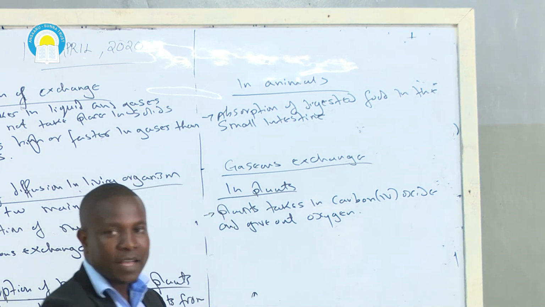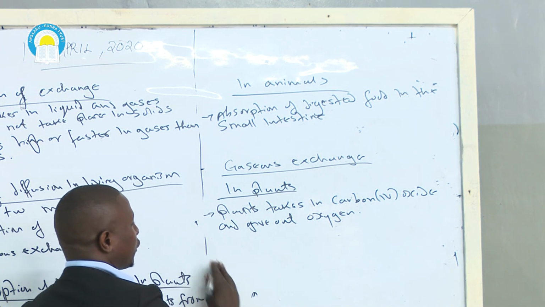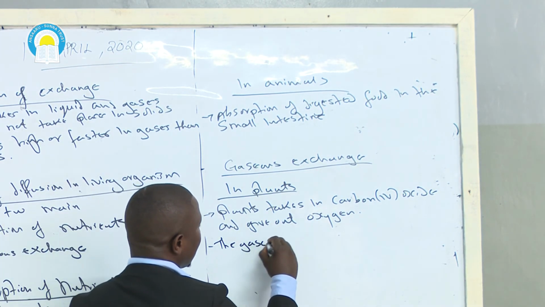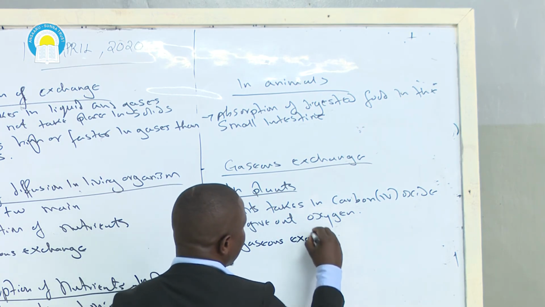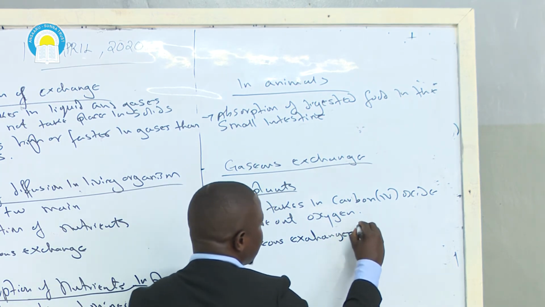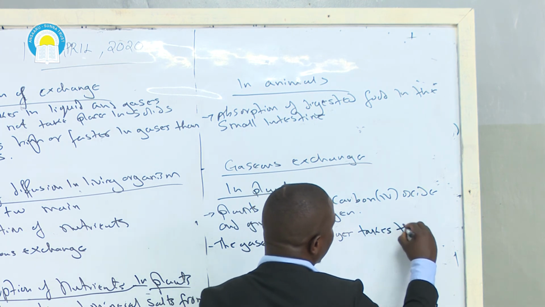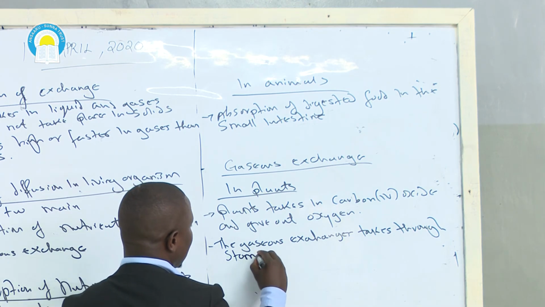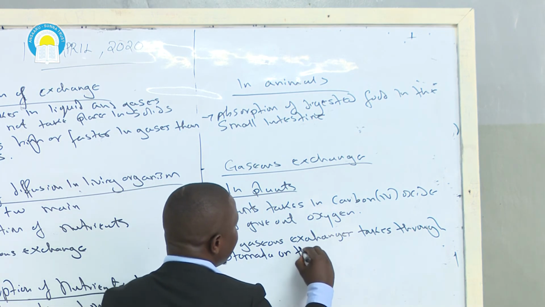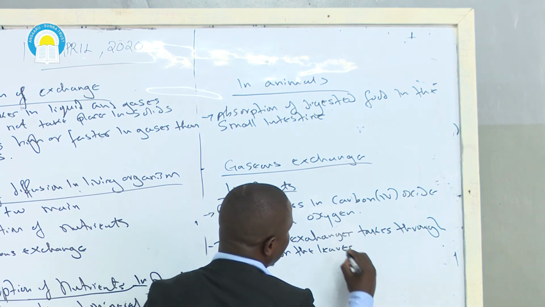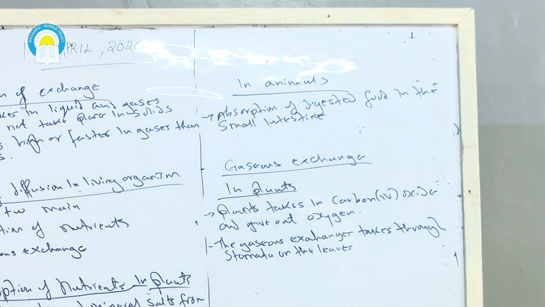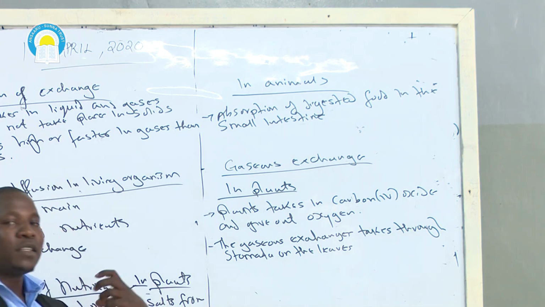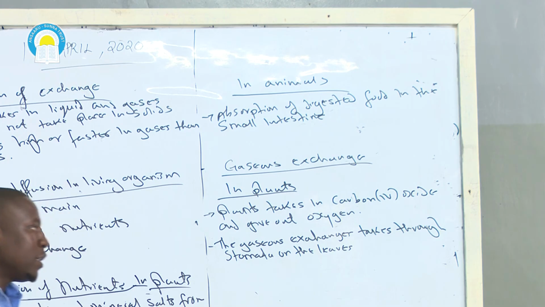So this gaseous exchange takes place through the leaves, through stomata. The leaves have stomata. Those are tiny openings that enable oxygen to diffuse out and carbon dioxide to diffuse in.